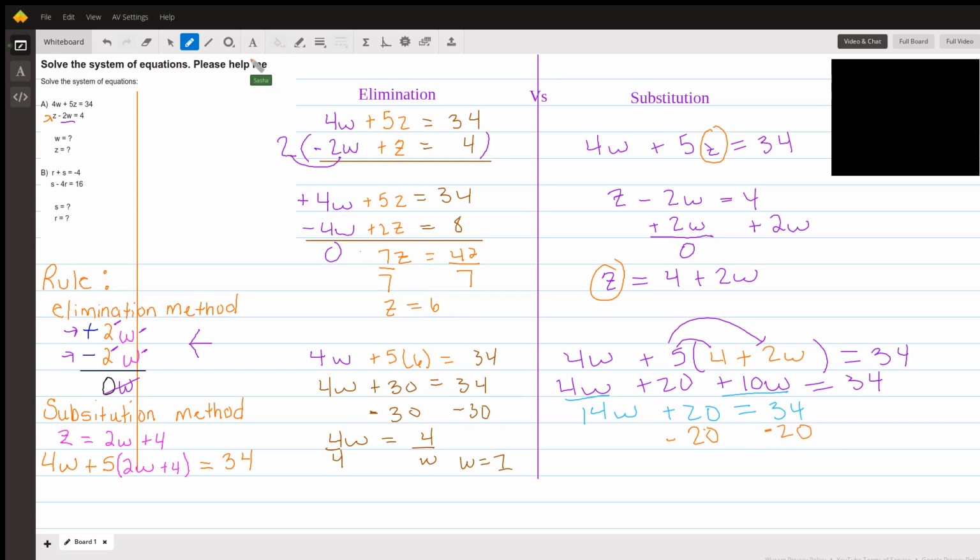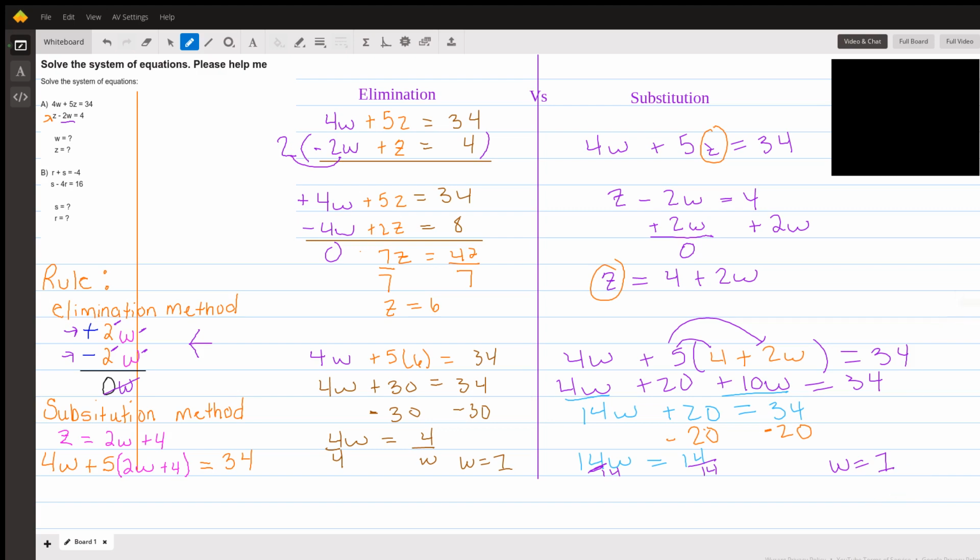And then I will be left with 14 times W is equal to 14. All right, I have one more step to solve. I'm going to divide by 14, and I'm going to divide by 14, and I have my W is equal to 1.